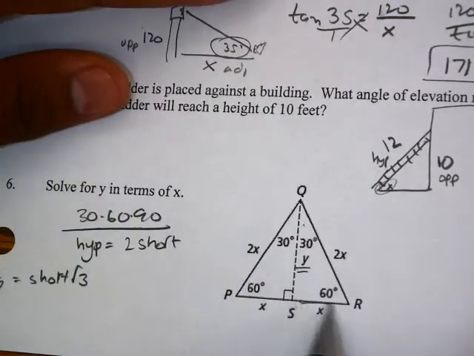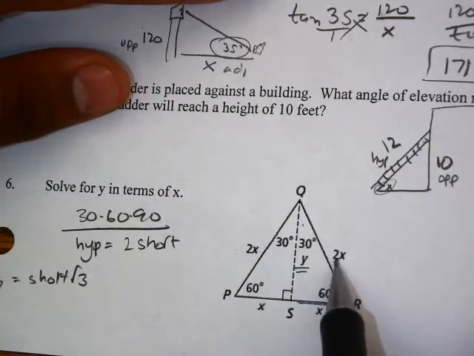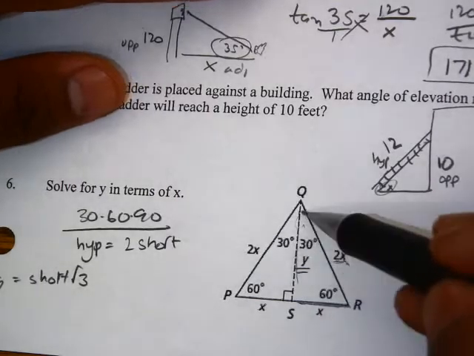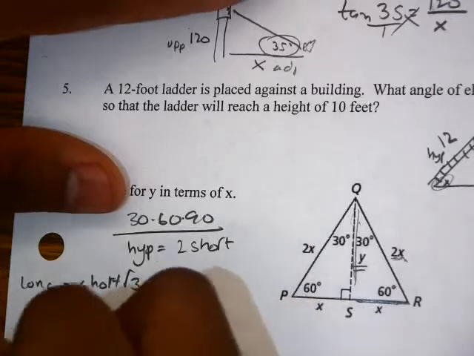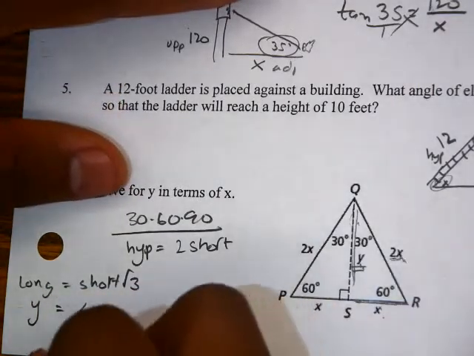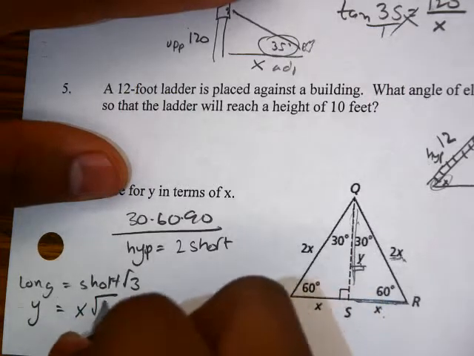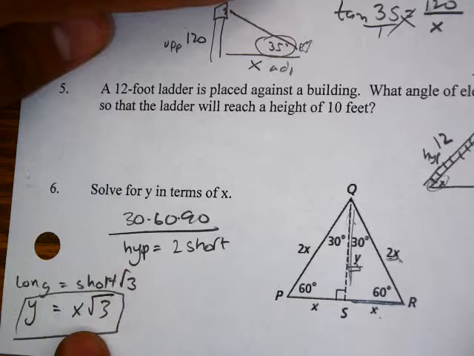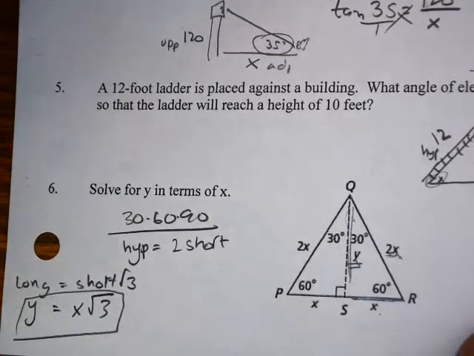So here's the short leg, the x. You can see that the hypotenuse is 2 times the short leg, 2 times x. Here's the long leg. The long leg is y. I need to take whatever the short leg is, x, and multiply it by the square root of 3. So I solve for y. I have y in terms of x. That's for the 30-60-90.